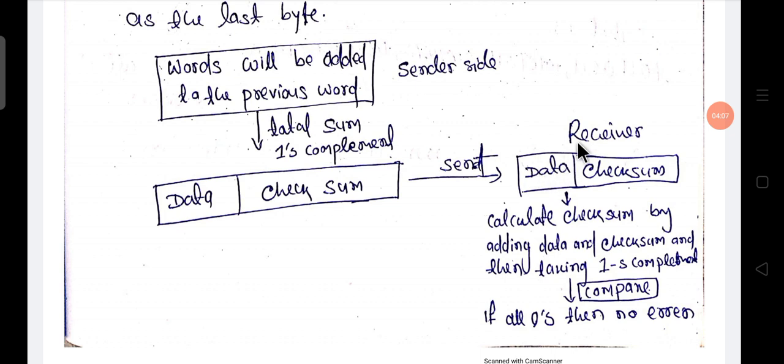And we send it to the receiver end. The receiver gets the data plus checksum, and then calculates a checksum by adding the data and the checksum, and then taking the 1s complement.